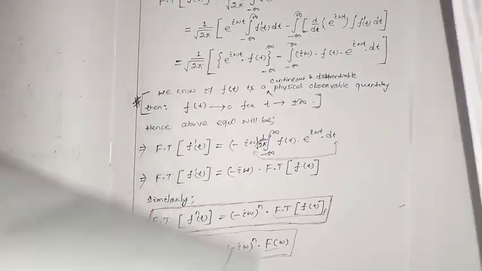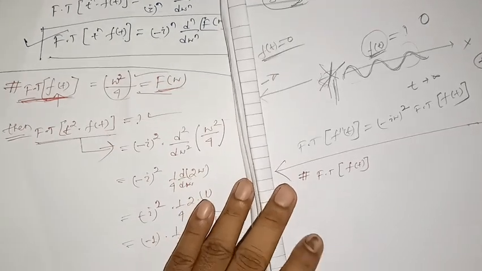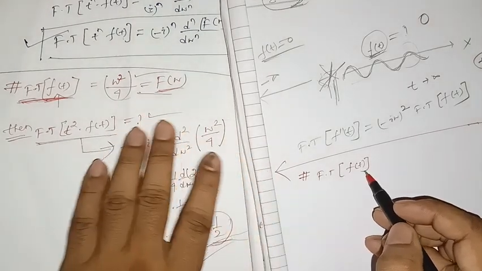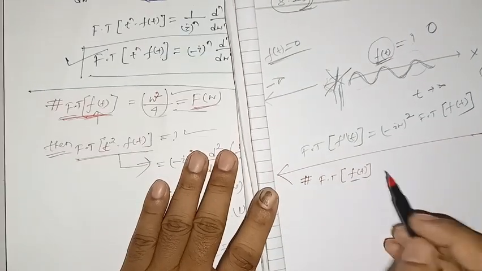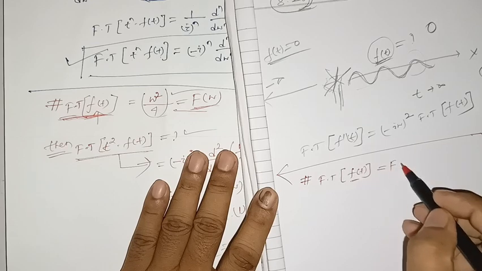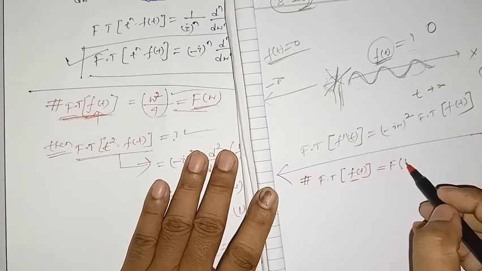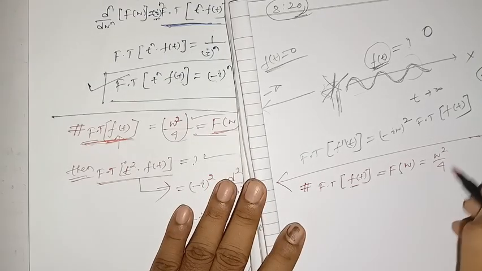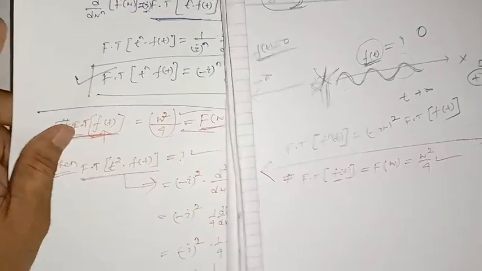Suppose an arbitrary function f of t is there, and the Fourier transform of that function, F of omega, is given as omega square by 4.